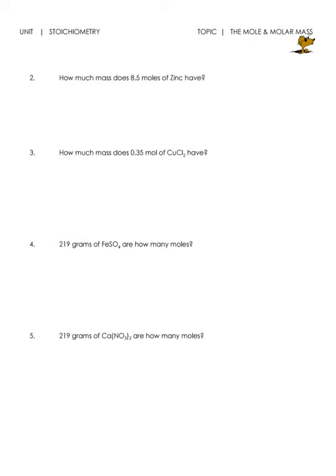Okay, so problem number 2 says how much mass does 8.5 moles of zinc have? So I'm going to go ahead and write my given, 8.5 moles of zinc. I'm going to choose my appropriate conversion factor, which is going to be the molar mass of zinc. So I'm going to have to look at the periodic table, and I'll say that zinc's mass is 65.41 grams.